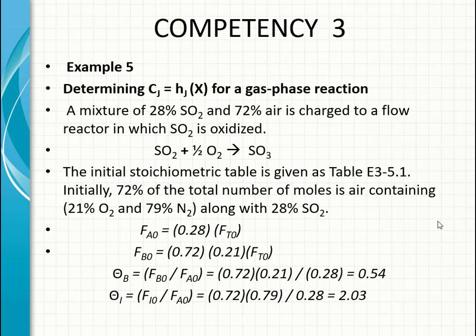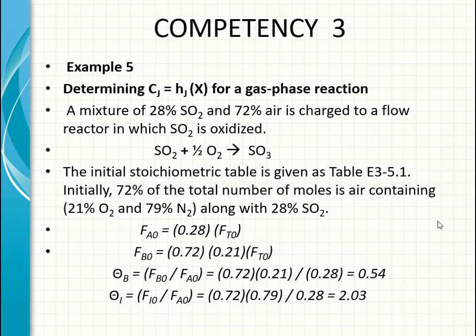So theta B is going to be FB0 divided by FA0, which is 0.72 times 0.21 divided by 0.28, equal to 0.54.